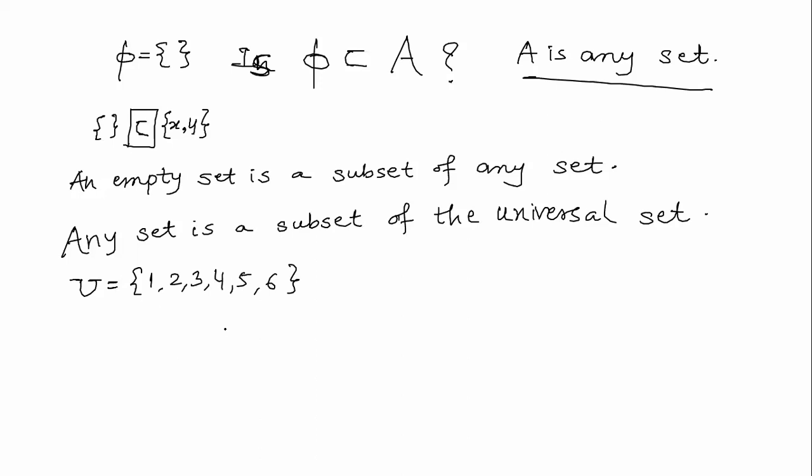The concept of power set, what is meant by power set, and for a given set, how many elements will be in that power set? These are the interesting things. I'll be giving some examples and asking you some questions so that you can answer with proper justification.